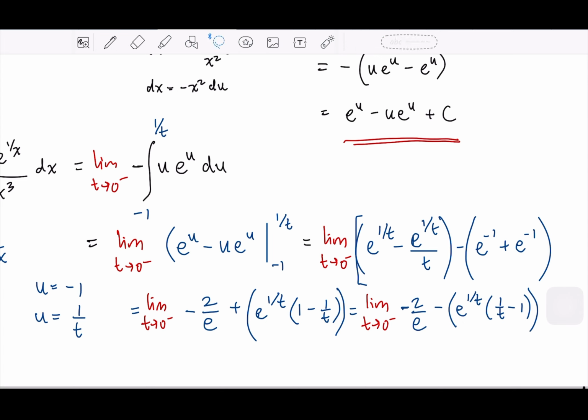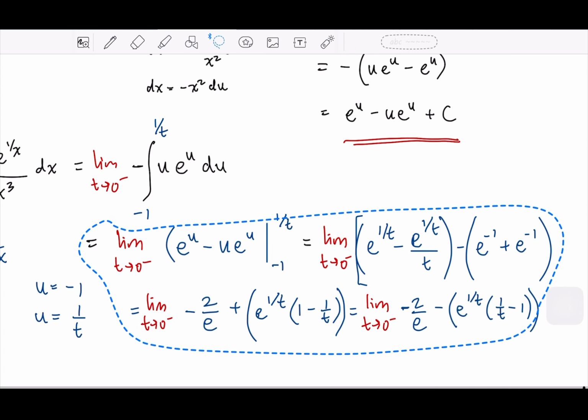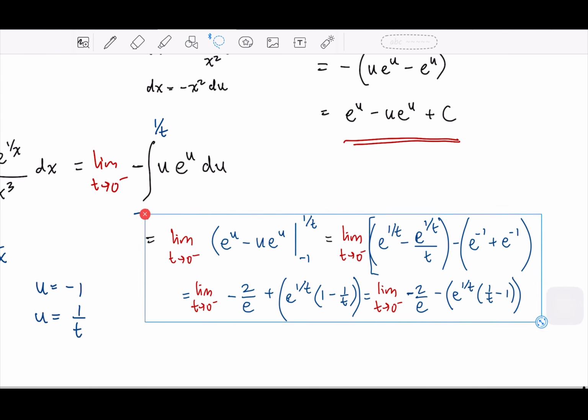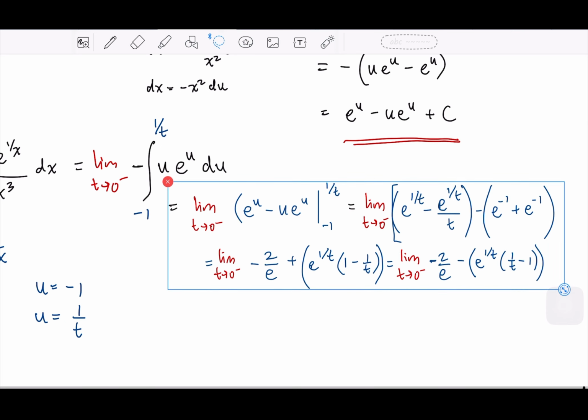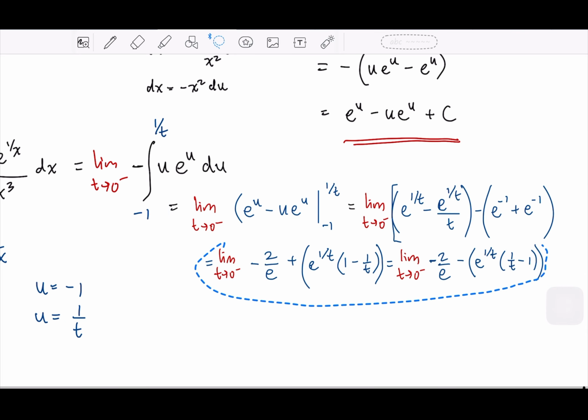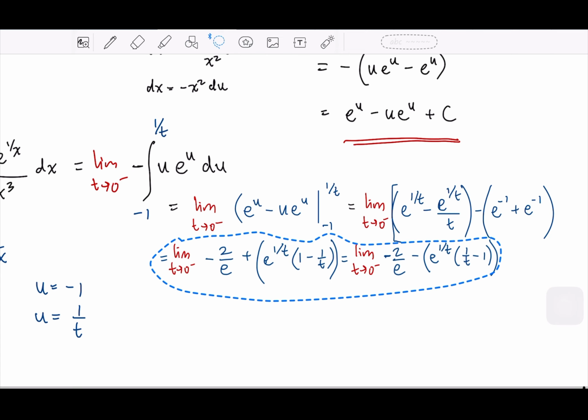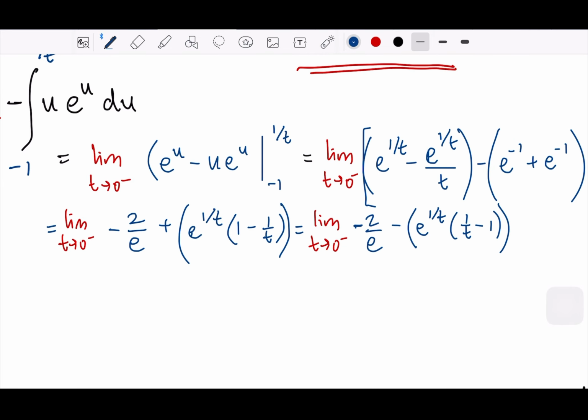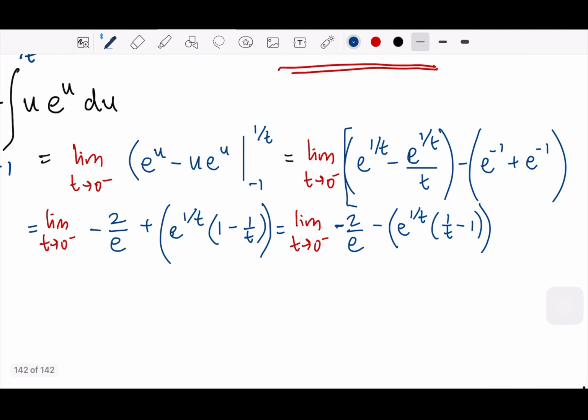Okay, let me resize all this, make it a little bit smaller. Okay, so we have this e with power of 1 over t, and then multiply with 1 over t minus 1.